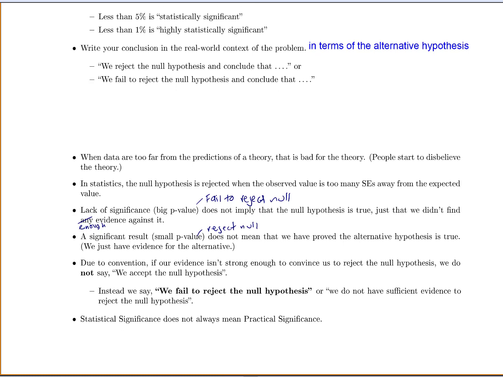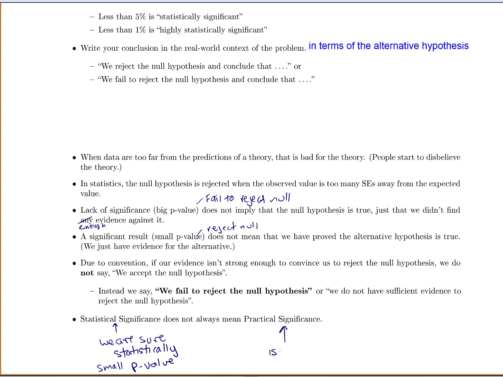And the final thing to remember here, statistical significance, which means we are sure statistically, happens when you have a small p-value. So a small p-value means we found lots of evidence, we're fairly sure statistically speaking. That does not mean practical significance.